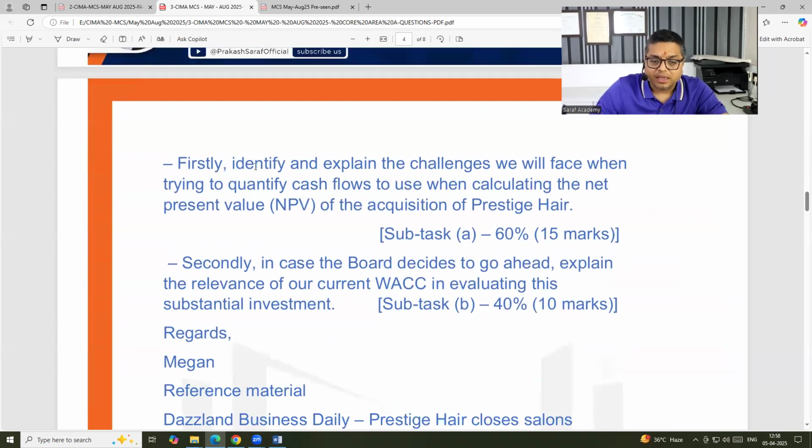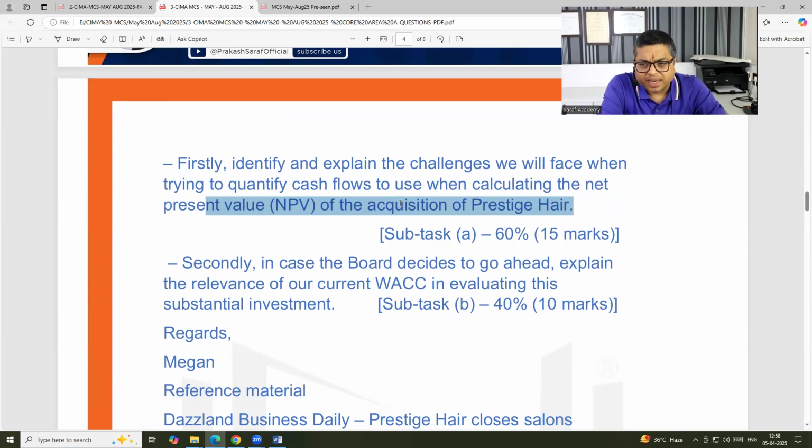So they are asking: identify and explain the challenges we will face when trying to quantify cash flows to use when calculating the net present value of the acquisition of Prestige Hair.